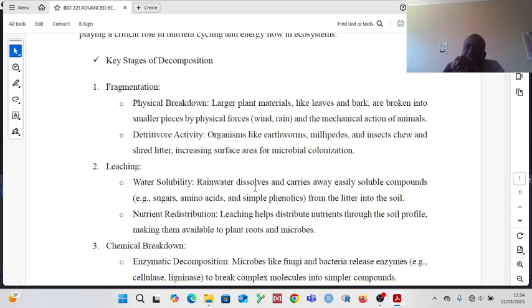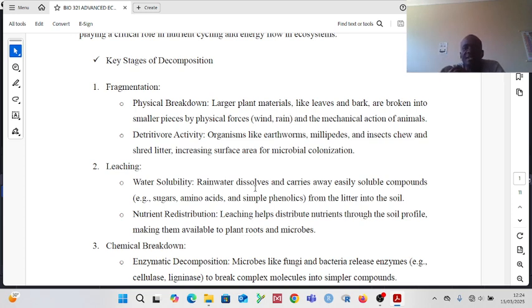Another thing is the detritivore activity. The detritivores are organisms like earthworms, insects, millipedes. They will chew and shred this litter. Shredding is breaking it down into smaller pieces, still fragmentation.